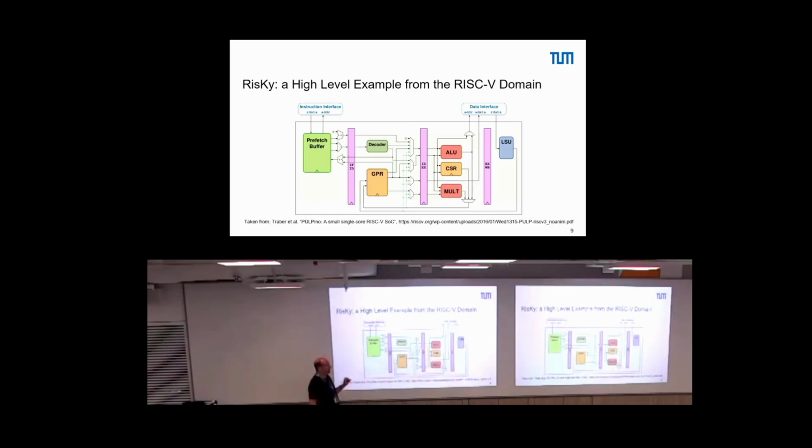So effectively, you may hear of pipeline stages in the CPU. So effectively, that's the pipeline stages. You have one clock cycle, maybe it's longer, but you have one clock cycle for instruction fetch, then one clock cycle for decoding, then one clock cycle for computation, and one clock cycle for write back.